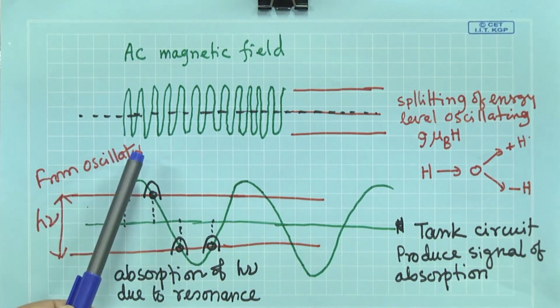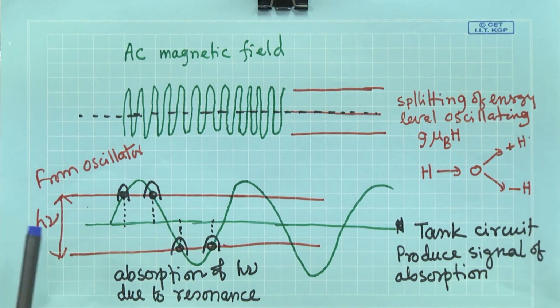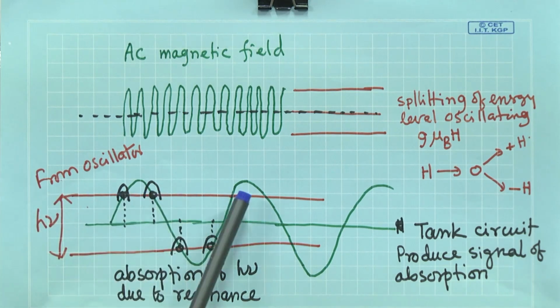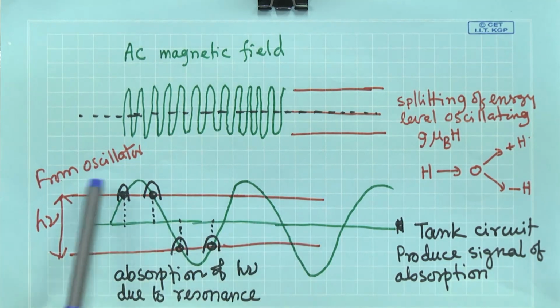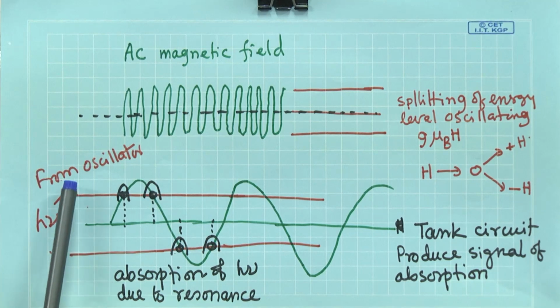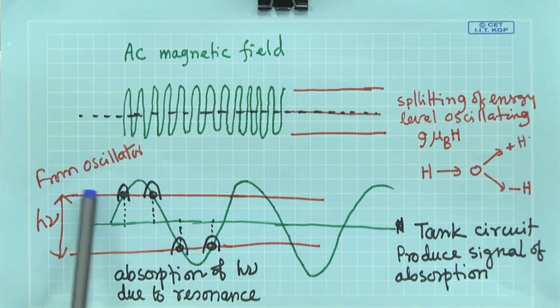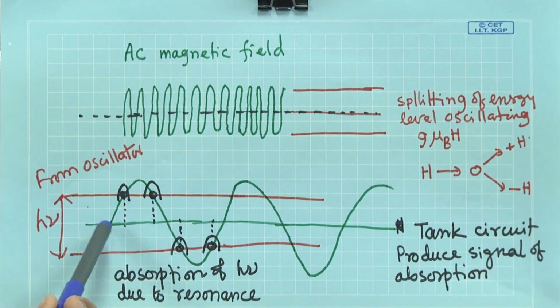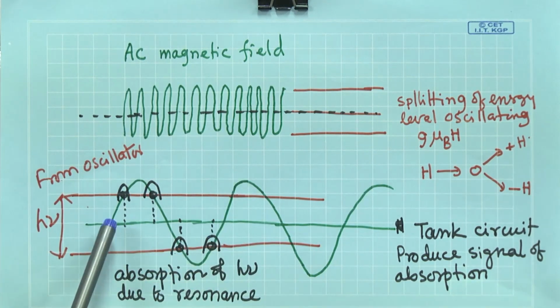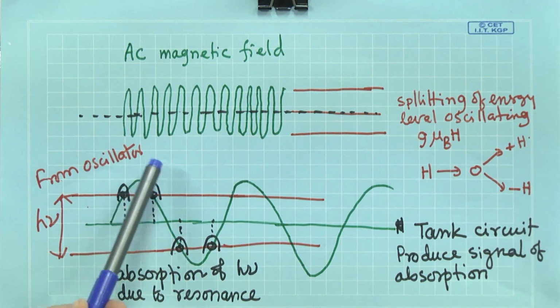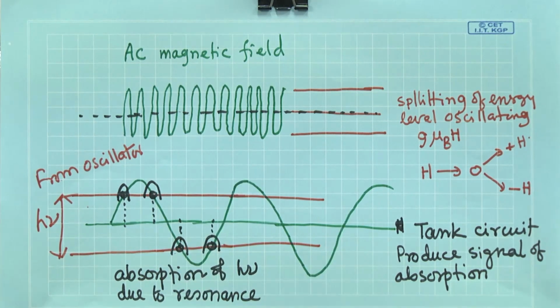From the oscillator, the h nu radiation has a fixed energy. If this is the energy level picture, and this is the magnetic field, the splitting of the energy levels will vary in a similar way.